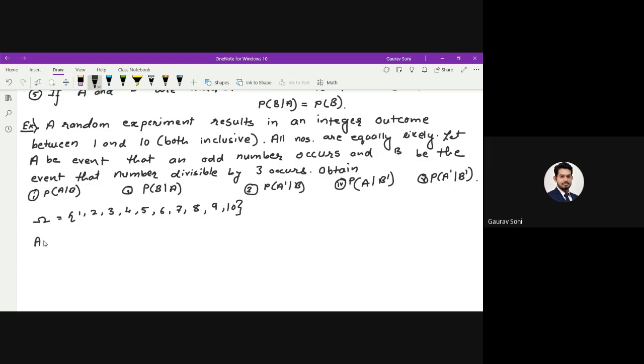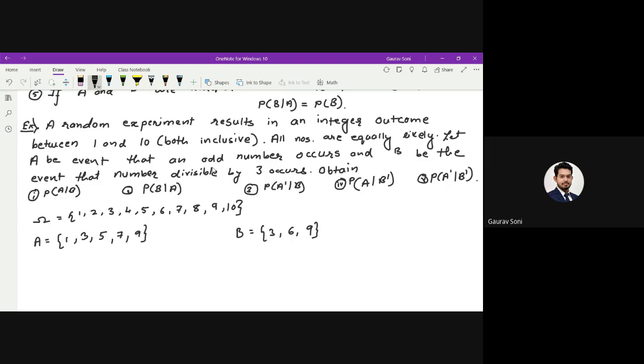The event A is that you get an odd number: 1, 3, 5, 7, 9. The event B is 3, 6, and 9.